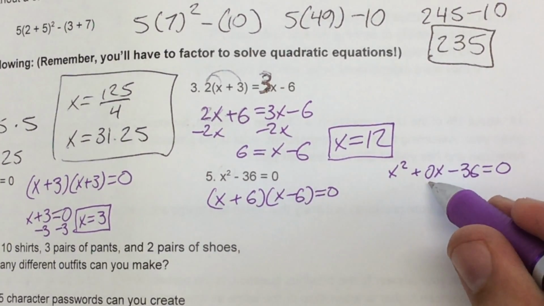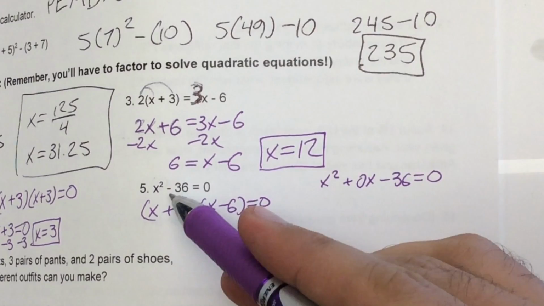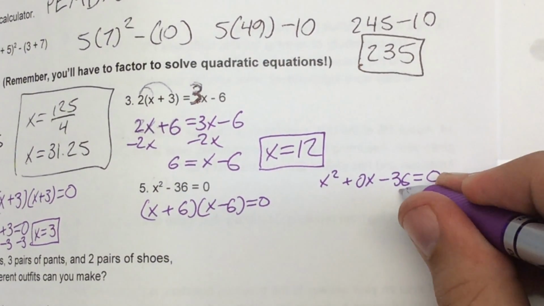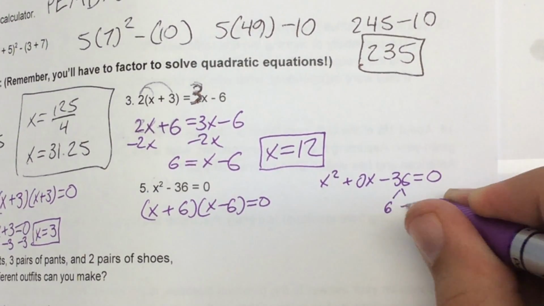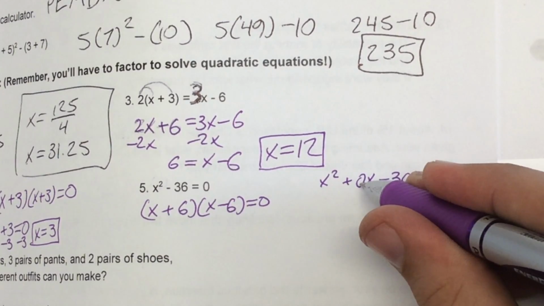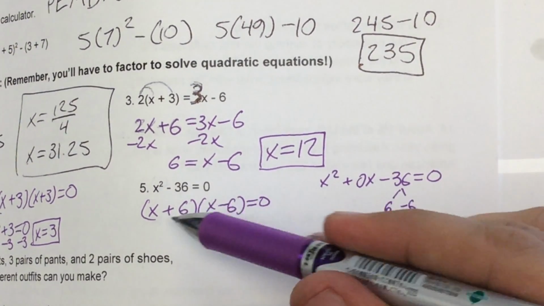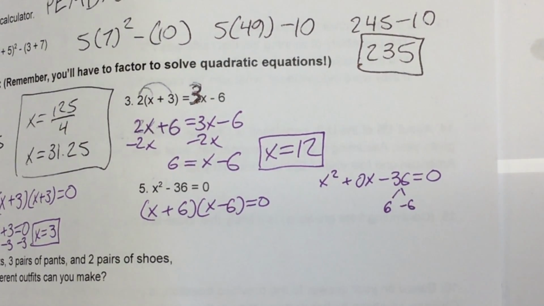We can do that by, go ahead and call this 0x since there's not one. And we go, okay, well, we've got 6 and -6 that multiply to this, and they add to 0. So that's one way that you can figure this out. But really, it's a pattern that you should have learned in Algebra 1.